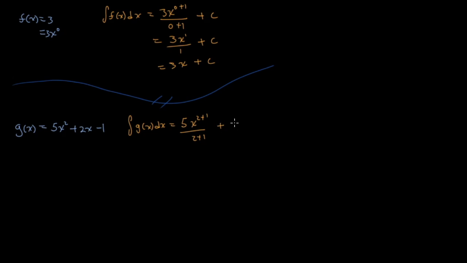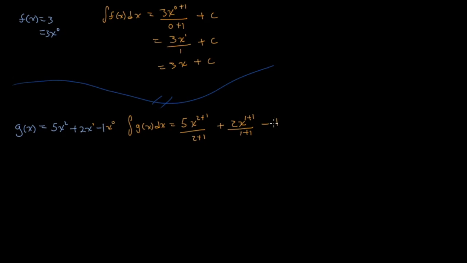So we're going to go 2 times x. Imagine there's a 1 here, an imaginary 1 there. So 2 times x to the power of 1 plus 1 over 1 plus 1. Then minus 1, and remember, think of it as being next to x to the power of 0.